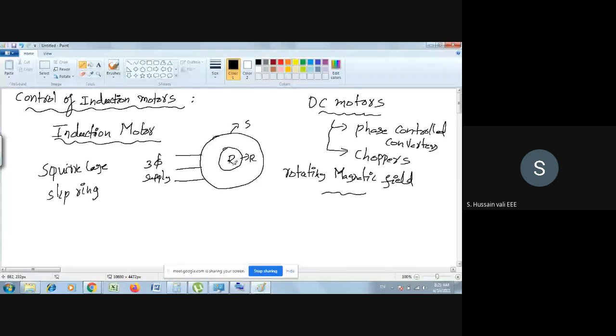Of course, in the squirrel cage they are directly shorted, whereas in the slip ring you have the possibility to connect some extra resistor to enhance the performance of your induction motor. In both cases the rotor circuit is closed. Once it is closed, the EMF induced in the rotor will produce current in the rotor circuit, and those currents will produce another magnetic field.